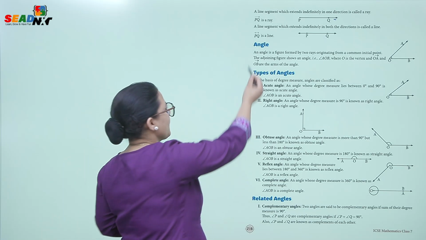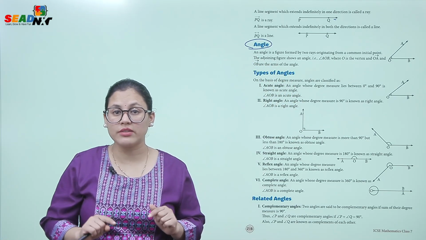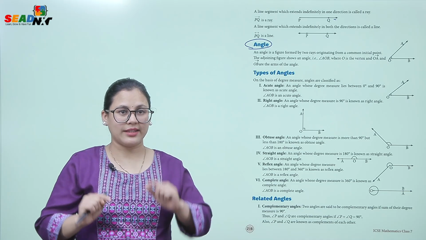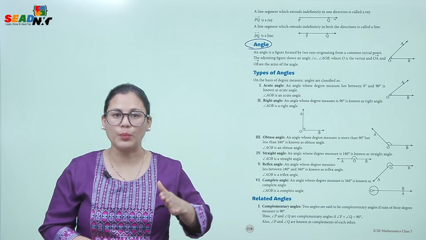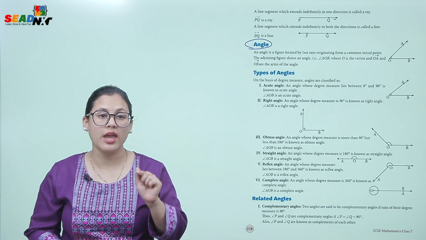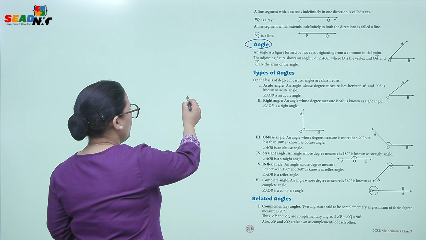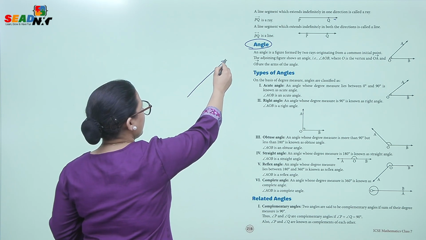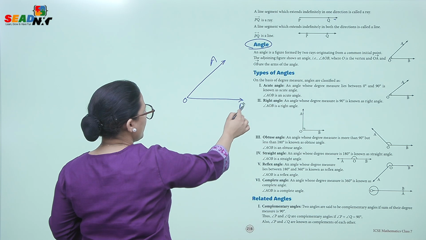Angle. An angle is a figure formed by two rays originating from a common initial point. And the adjoining figure, this one, shows an angle that is angle AOB, where O is a vertex and OA and OB are the arms of the angle. Okay, so this is a ray OA and this is another ray OB.